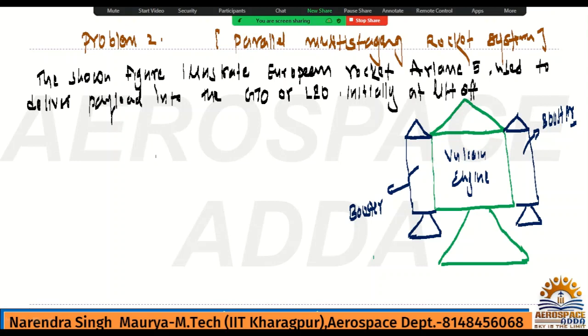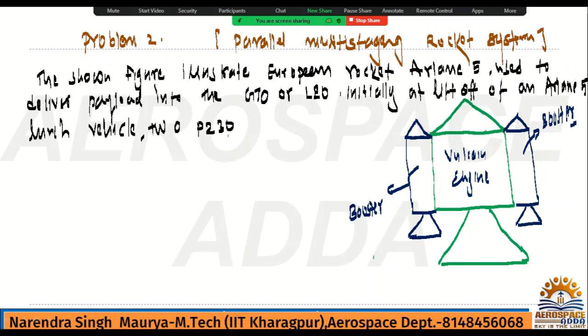Just like for the aircraft it is takeoff, for the rocket it is liftoff. Of an Ariane 5 launch vehicle, 2P230. This is the booster's name.